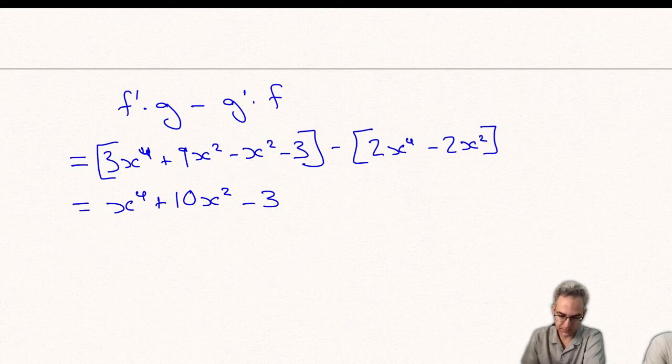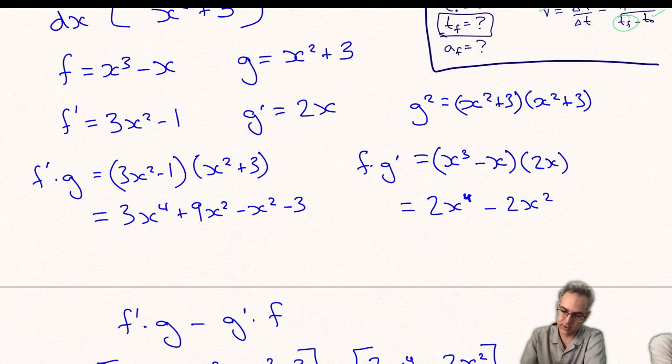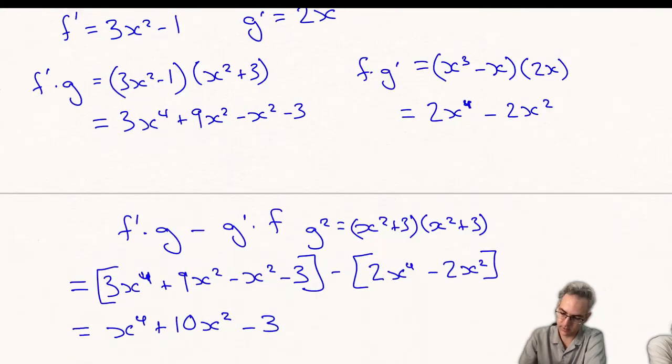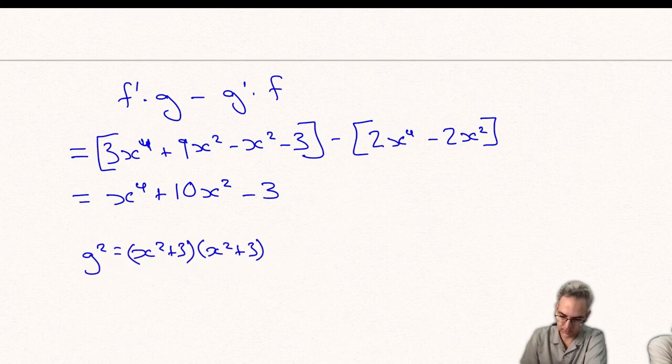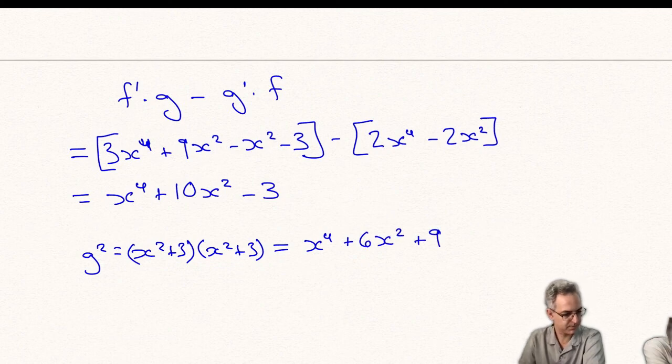x to the fourth plus 6x squared plus 9. And then the denominator, let me move it down here. So x squared plus 3 squared is x to the fourth plus 6x squared plus 9. Yep.